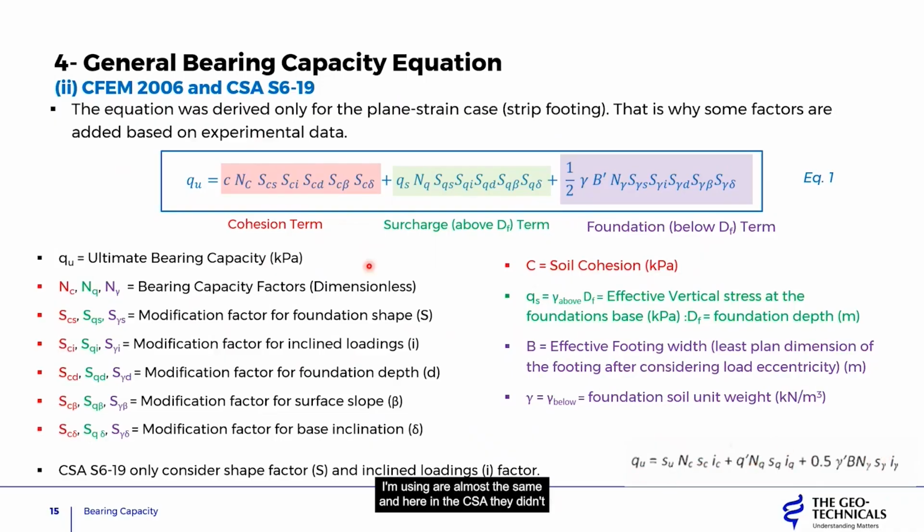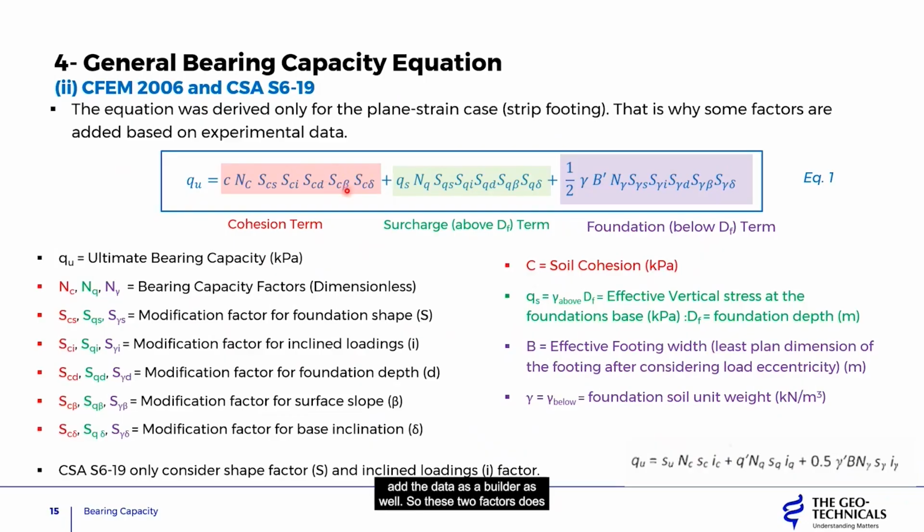And here in the CSA, they didn't mention anything about the depth factor, so they don't take it into account. However, you can take it, and they just don't account for sloping ground or base inclination. But if the footing is on a sloped ground, you need to account for that, and you need to add some other factors. And if the footing is inclined, you need to add delta as well.